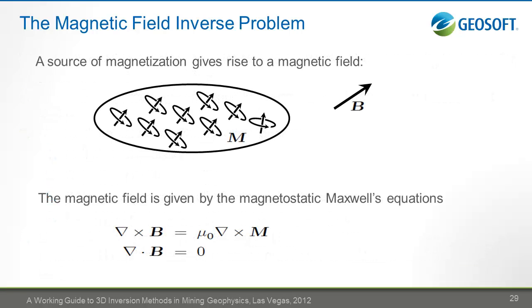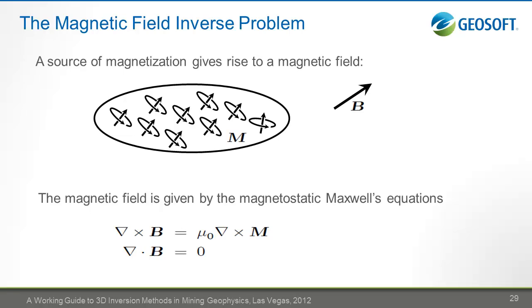So let's look at the magnetic field inverse problem. Basically, the magnetic field that we measure, B, in our surveys is due to some magnetization in the Earth, and that magnetization can be represented by a series of magnetic dipoles.